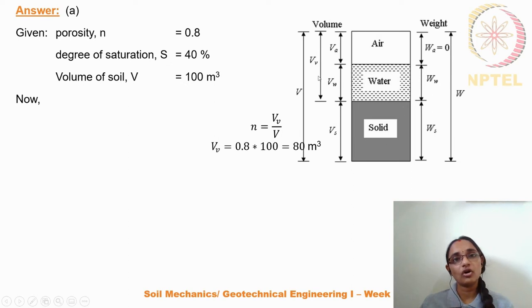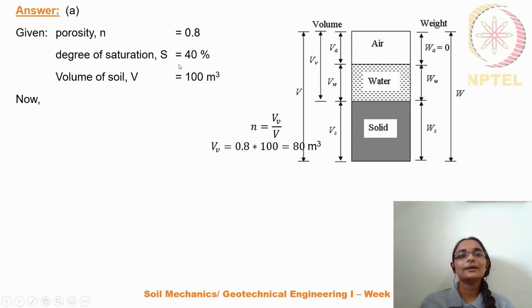Again, this volume of voids is a summation of volume of air and volume of water. We know the volume of voids. What is the value? We know it is 80 meter cube. Then if we know volume of water, we can determine volume of air, right?